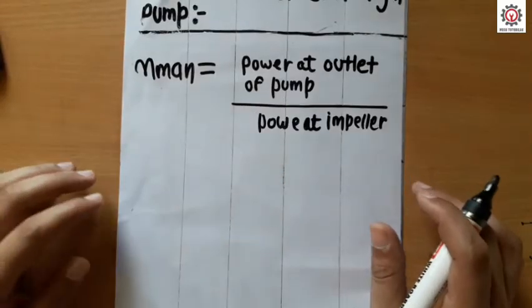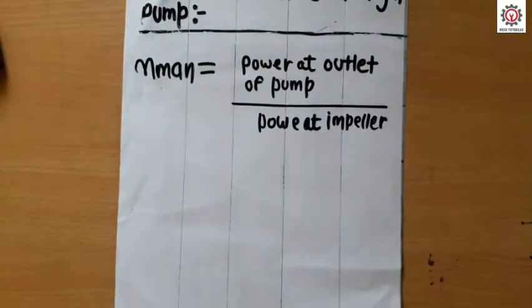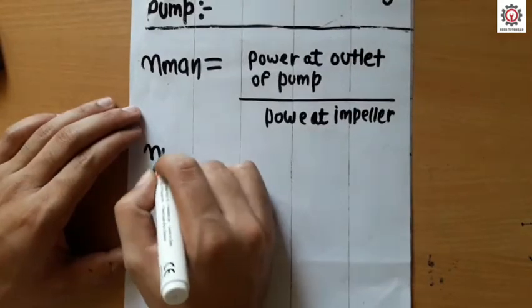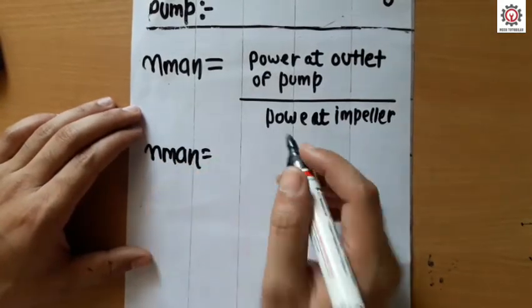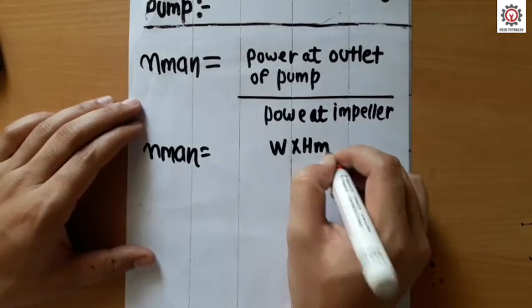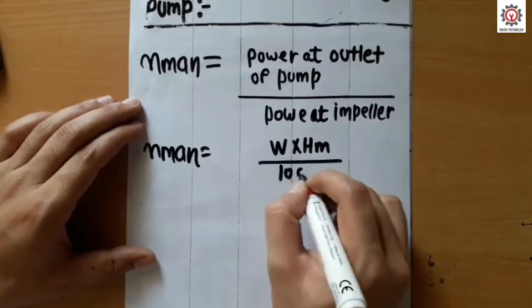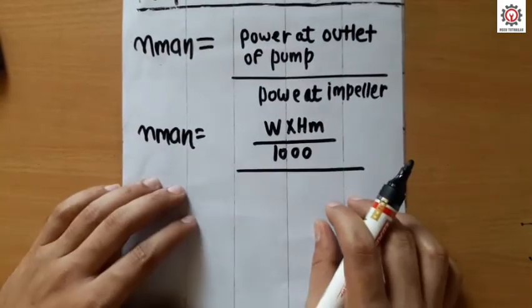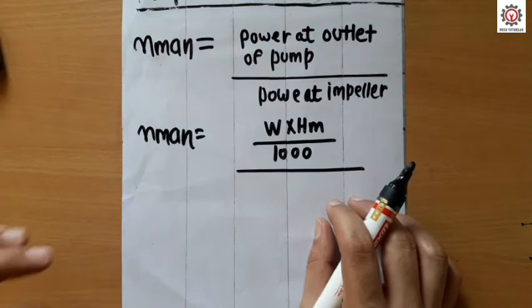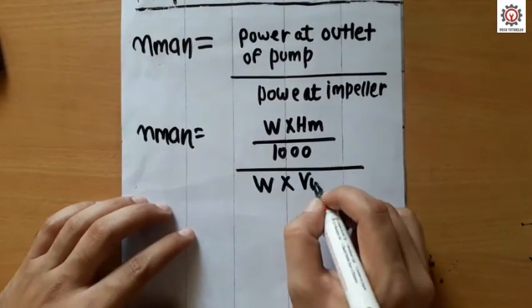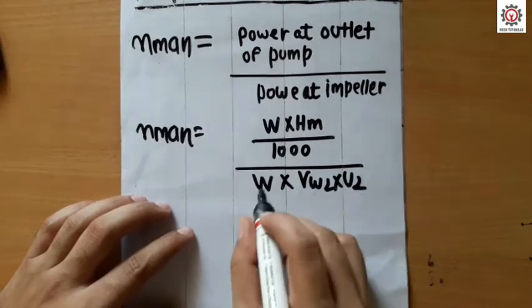So manometric efficiency can also be defined as the power at outlet of the pump divided by the power at the impeller. The power at outlet of the pump is given by the manometric head, in kilowatt, divided by the power at the impeller, meaning the work done by the impeller per second by providing the whirl velocity Vw2 U2 for W weight of water.